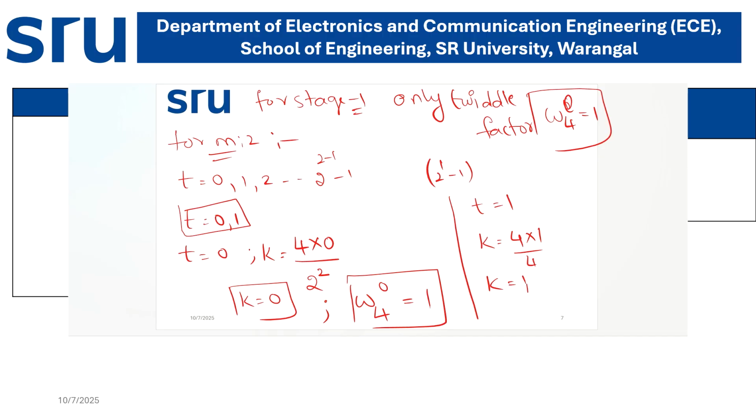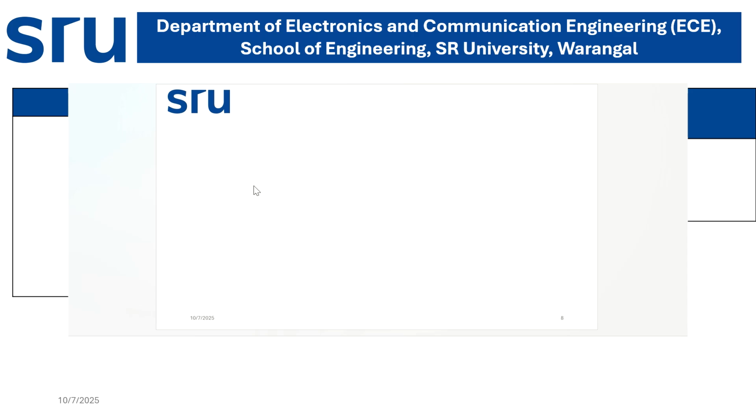If I substitute in the same value, omega 4 power 1, then omega 4 power 1 is e power minus j 2 pi, k value is 1 divided by 4. So e power minus j pi by 2. Using Euler's formula, cos pi by 2 minus j sin pi by 2. Cos pi by 2 value is 0 and sin pi by 2 value is 1.